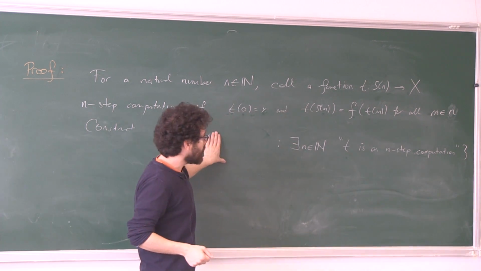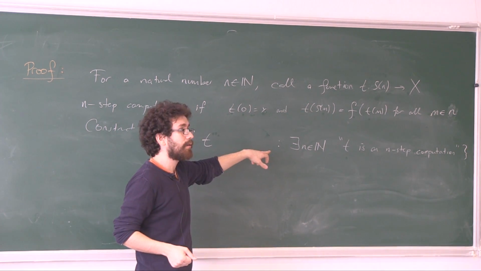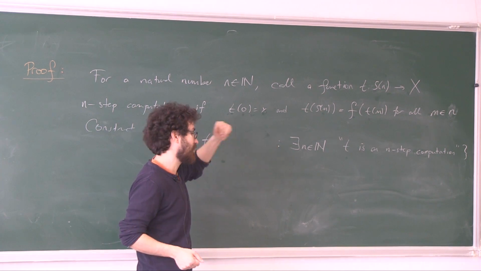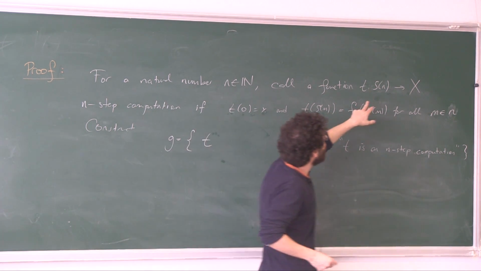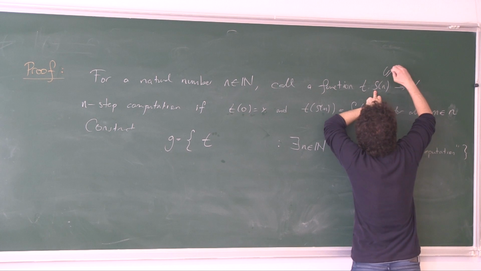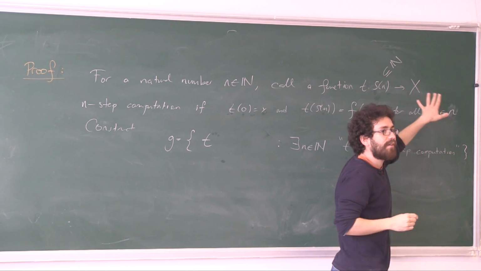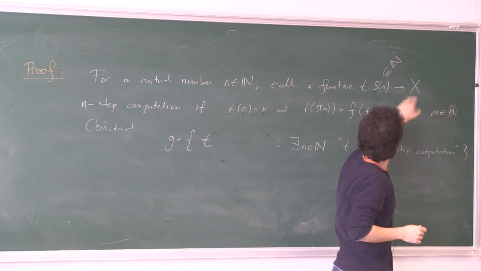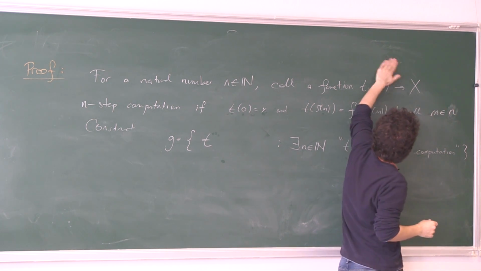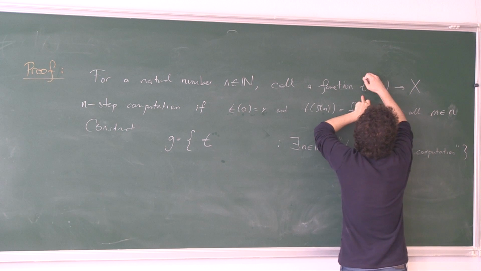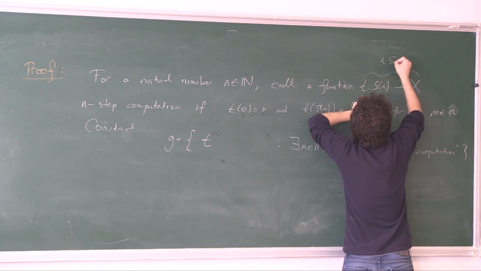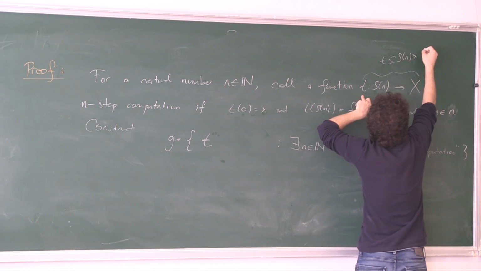Now, if I just write this, it's not clear that this is a set. It is indeed a set, but why is this a set? Each n-step computation, okay, it's a function. What's a function? It's a relation. So this t is a subset of s of n cross x.